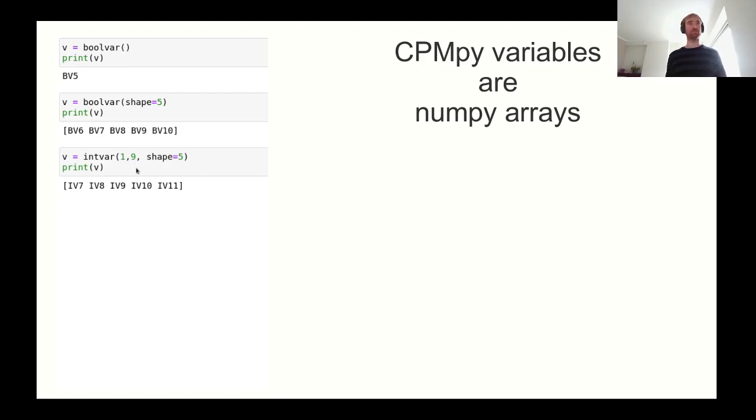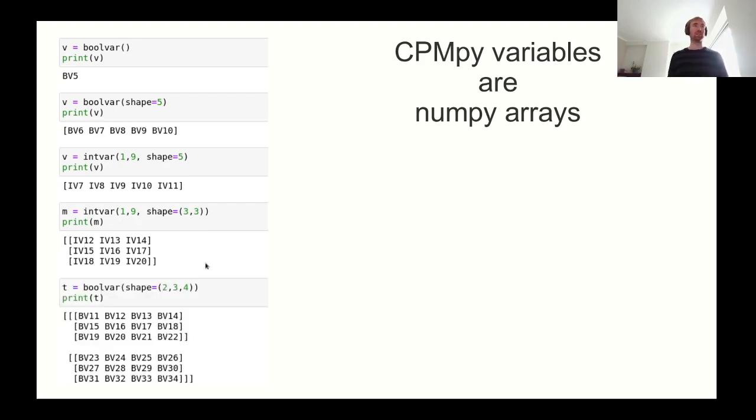Now, it doesn't need to be a simple list. If you give it 2 values for the shape, then this will be the size of the first dimension and this of the second dimension. So if you say intvar between 1 and 9 with a shape of 3, 3, it will create a 3 by 3 matrix. All right. Now, it doesn't need to be limited to a matrix.